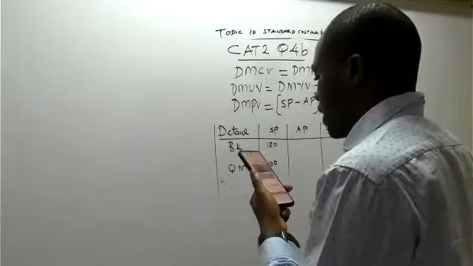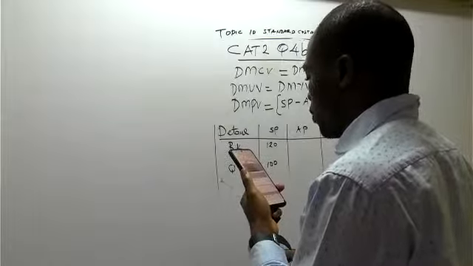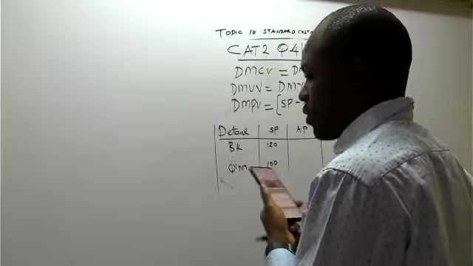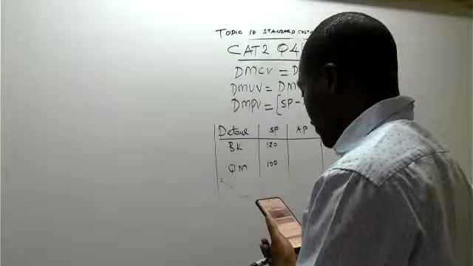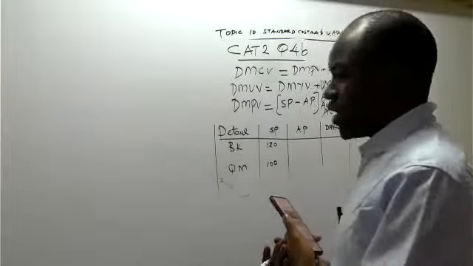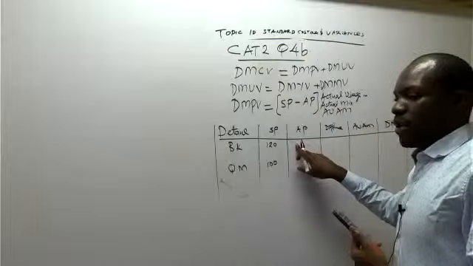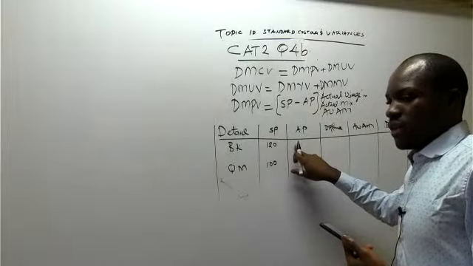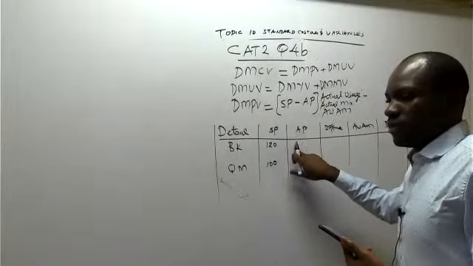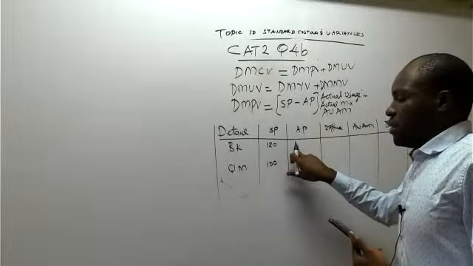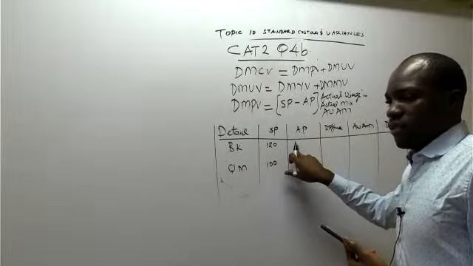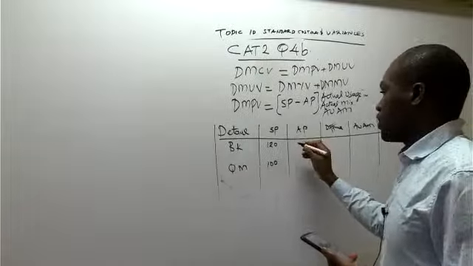What about actual price? We have been given the quantity used and the total cost. So what are you supposed to do? You take 175,000, you divide by 1,400. What do we get here? 175,000 divided by 1,400 is 125.